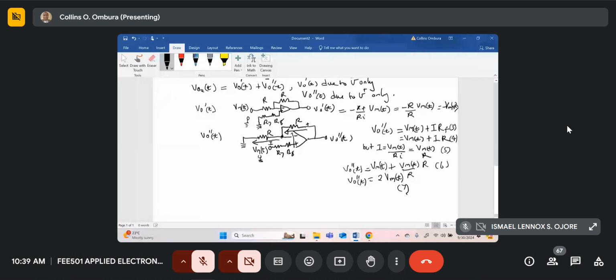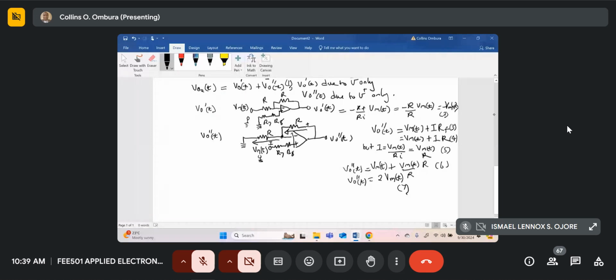And remember, the response due to the first signal only was this equation over here. Let's call it 2. So V naught dash was equal to equation 2, and V naught double dash was equal to 2 Vm of t, which is equation 7. Let's call this first equation 1, which was V naught 2 of t.